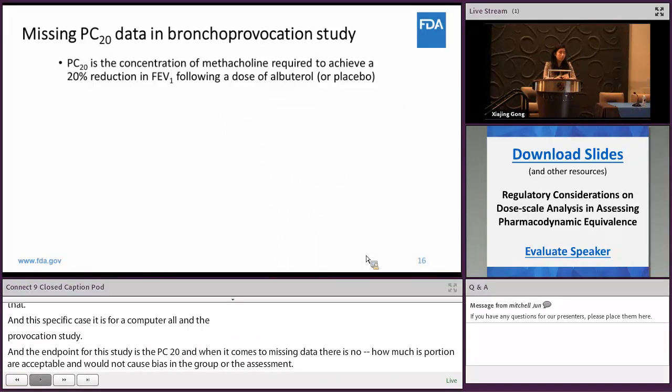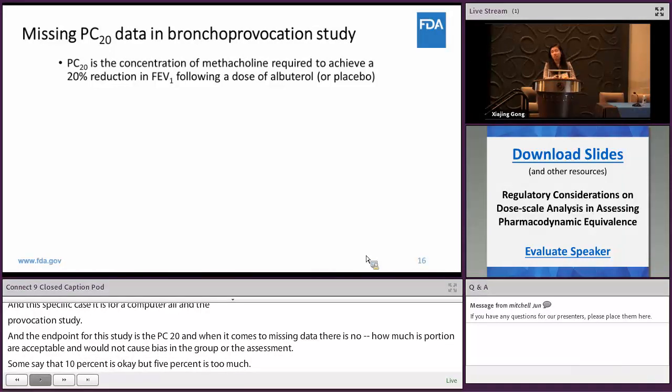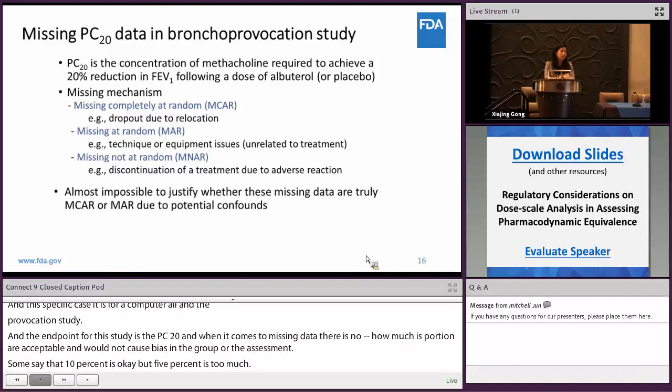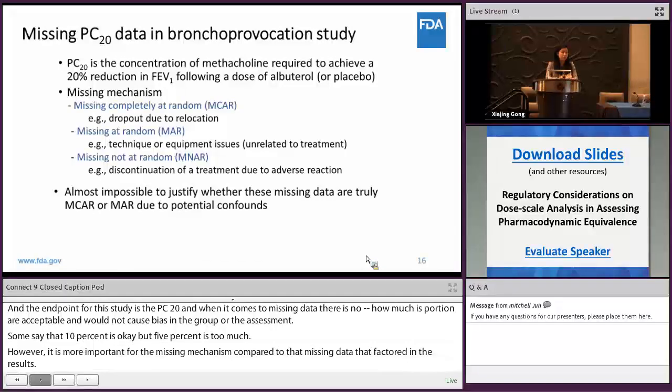However, the missing mechanism and the data pattern are more important than the portion of the missing data in affecting the results. So there are several missing mechanisms: missing completely at random, missing at random, or missing not at random.